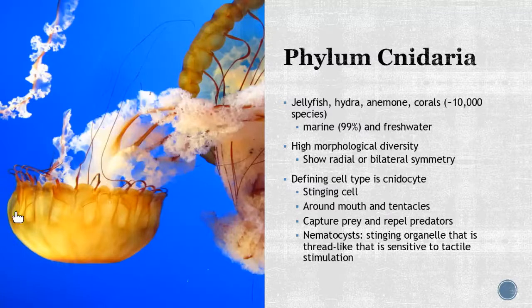So you're used to seeing this bell shape right here and these long tentacles, which are their stinging cells. They use them to help catch prey and repel predators, and they have those nematocysts, which are stinging organelles that are thread-like, and they puncture through and neutralize and keep their prey in a suspended state so they can consume them.